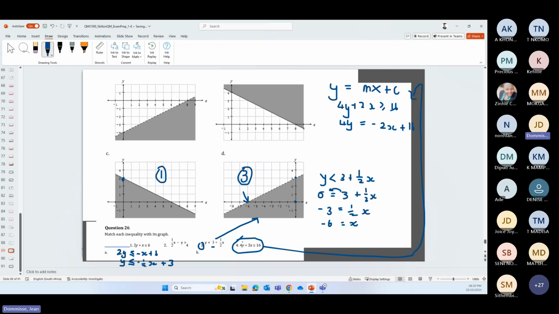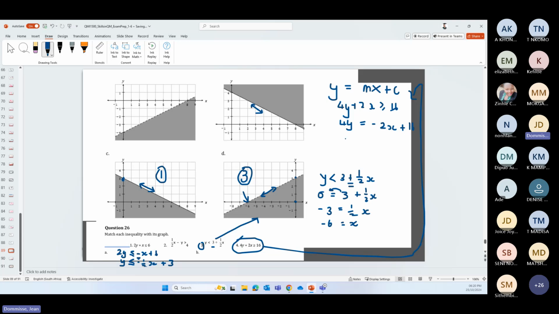Okay, another thing that you guys could have picked up here, because it's positive, it needs to be a positive slope. Because it's negative, it needed to be a negative slope. So that's also how we could have distinguished between those two. So here already, because it's negative, that's the only one left that is a negative slope.